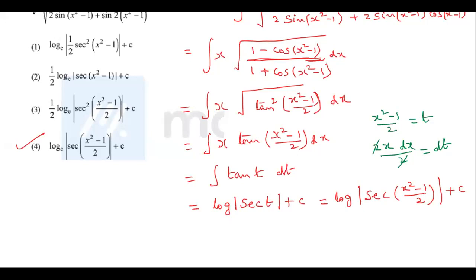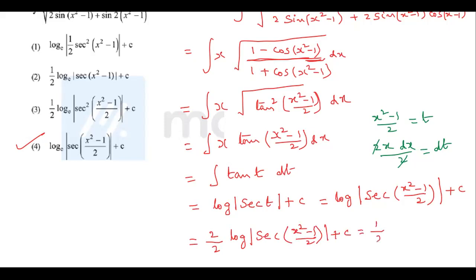And observe the third option also. 1 by 2 logarithm of secant square is there. That means multiply and divide with 2: logarithm of mod secant of (x square minus 1) by 2 plus c. Now in front of the logarithm 2 is there, it is going to power.